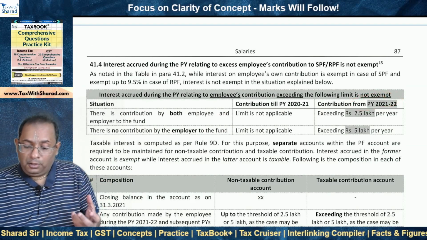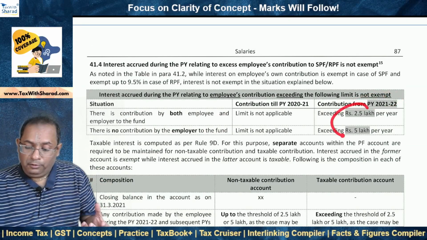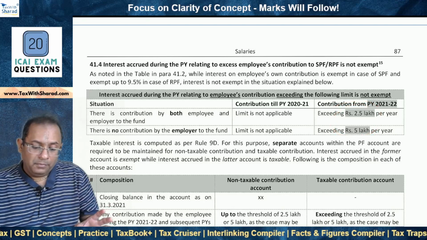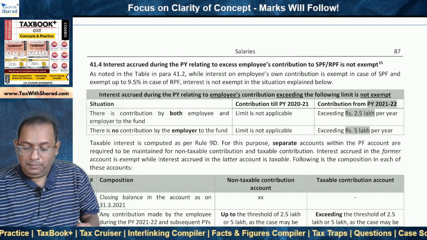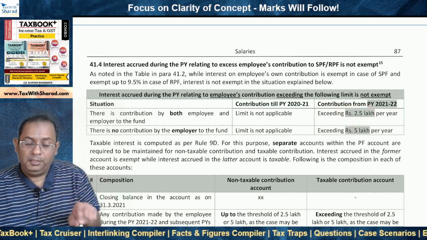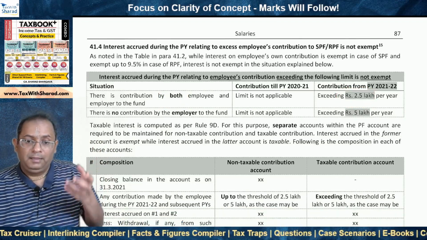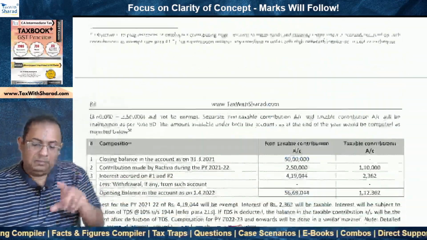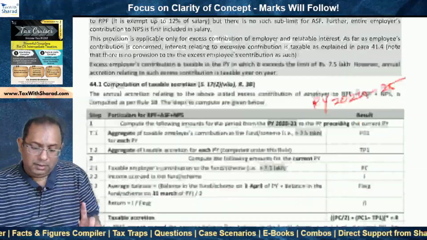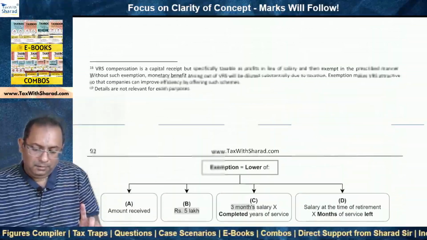If the employee contributes more than this limit, 2.5 lakh or 5 lakh as the case may be, then interest relating to that excess becomes taxable. If both employee and employer contribute, which is the case in our example, then the limit is 2.5 lakh. It is not exempt.